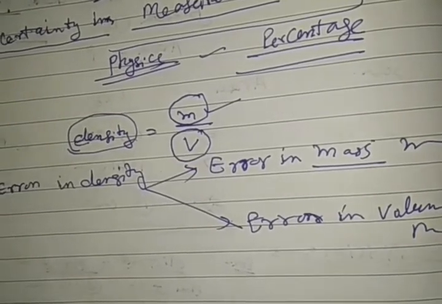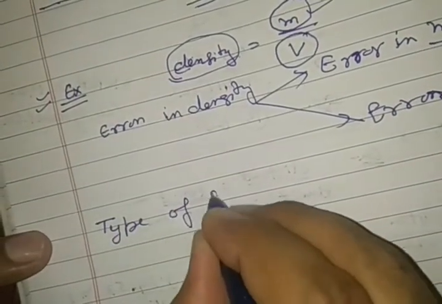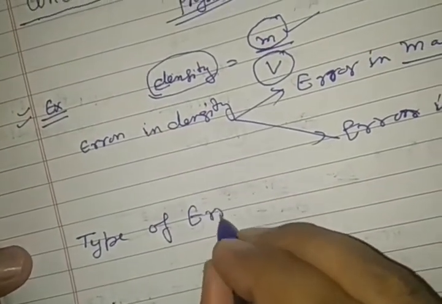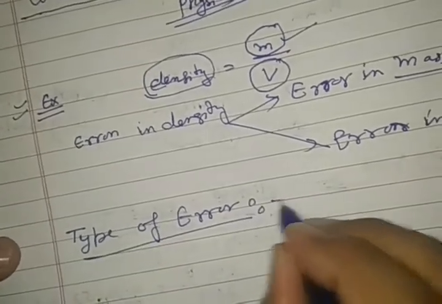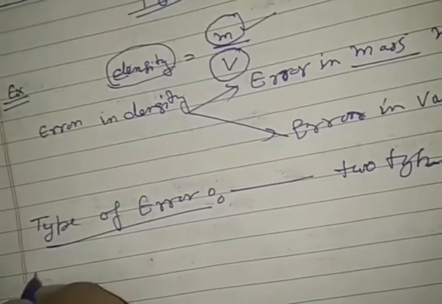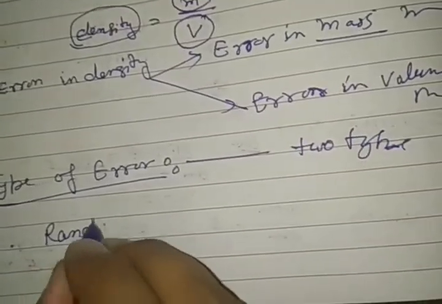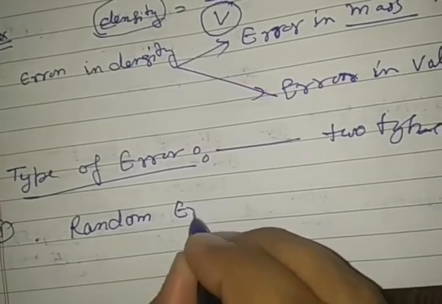Clear? There are two types of errors. The first is called random error.